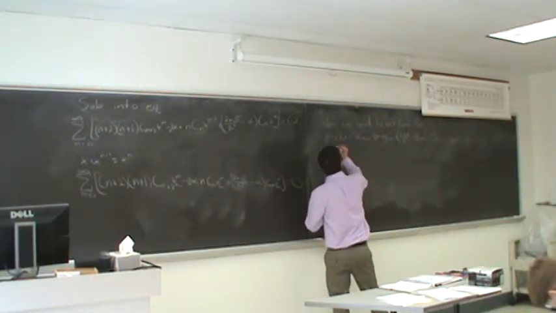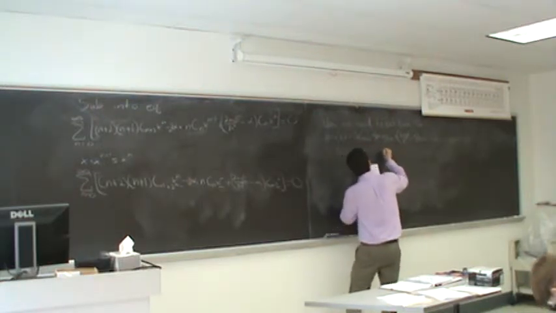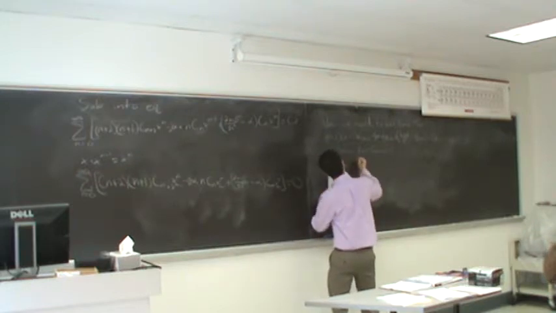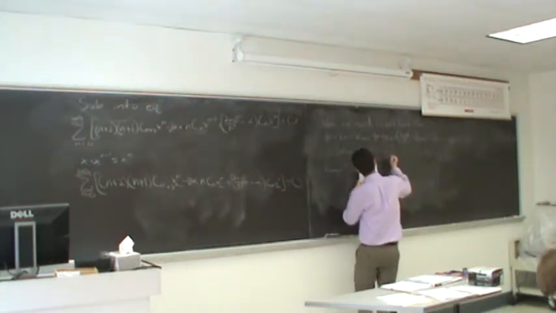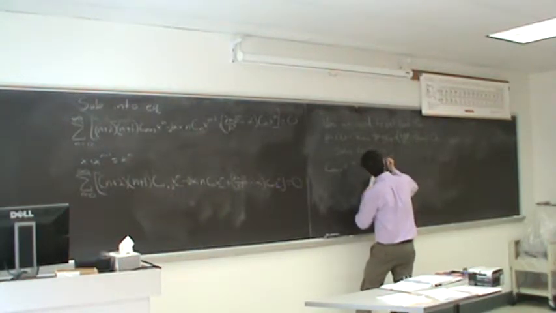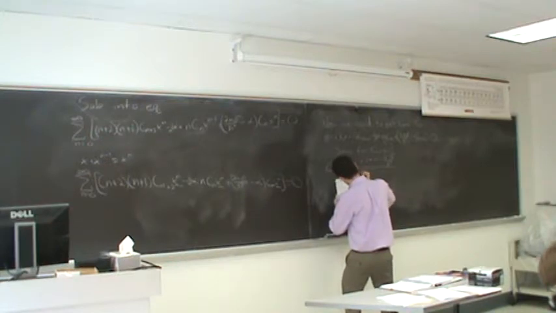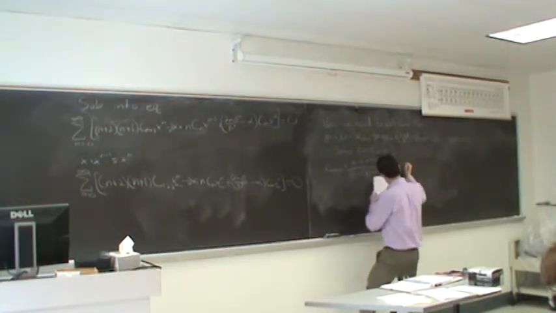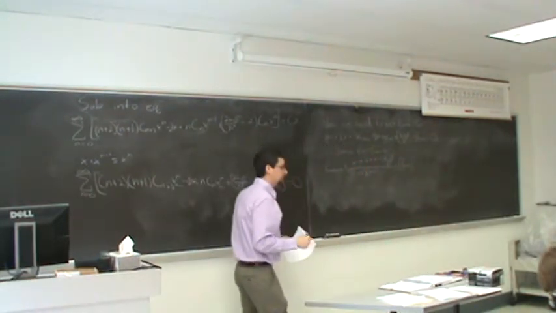If you solve for c sub n plus 2, you get the following expression: alpha plus 2 alpha n minus 2me over h bar squared, all divided by n plus 2, n plus 1, all times c sub n.